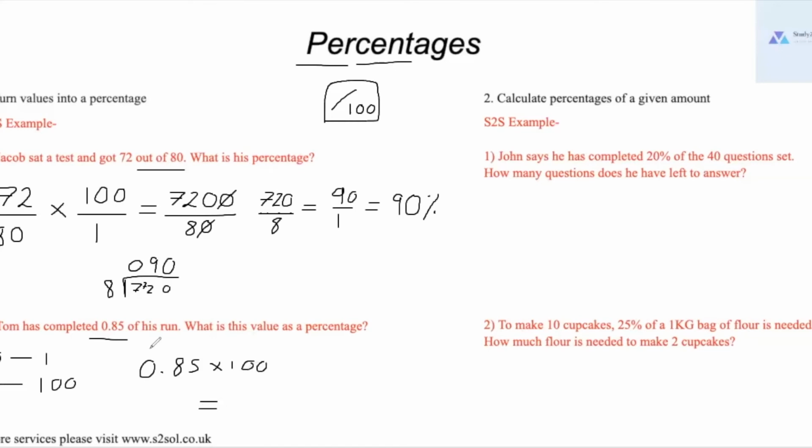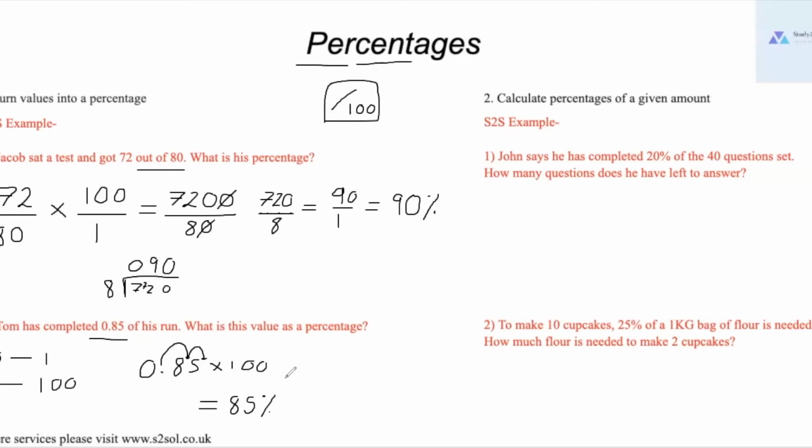Multiplying by 100 is shifting your decimal point to the right 2 times. So we're going to shift it once and shift it again. And that gives us a total of 85%. Therefore, the distance that Tom has completed is equivalent to 85% of his run.